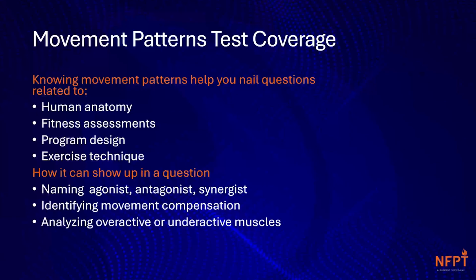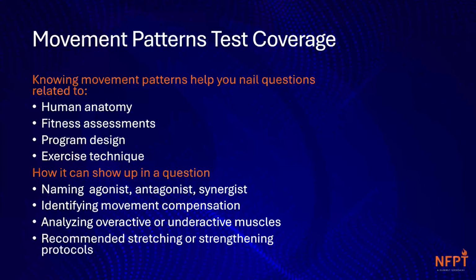Then you'll have questions where you have to analyze the overactive or underactive muscles associated with those movement compensations. And that collectively is going to help you make the right stretching and strengthening protocols. So all of this builds together, especially those last three: identifying movement compensations, analyzing the overactive and underactive muscles, and then recommending the right stretching or strengthening protocols. So that's why it's important.